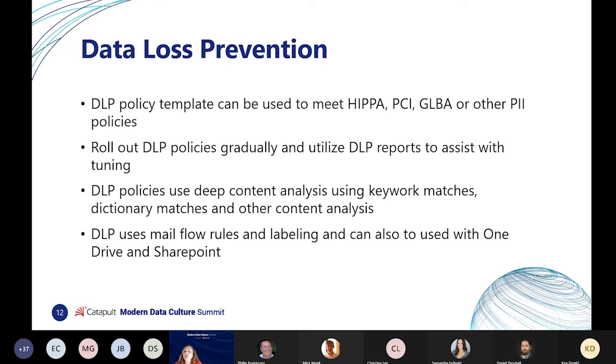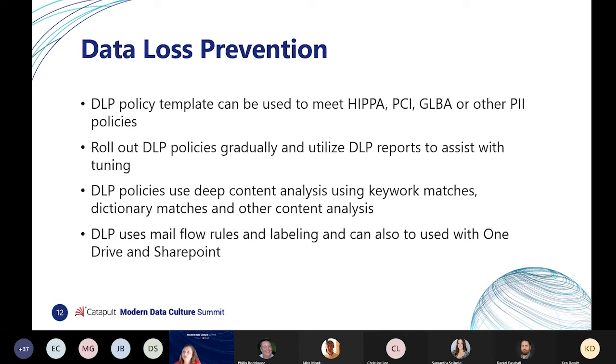And then of course, once you're at level 3, it's still going to be ongoing tuning and continuous monitoring, like we have to do with a lot of the different tools and different alerts and different types of threat hunting that we do in our different environments. DLP policies use deep content analysis using keyword matches, dictionary matches, and other types of content analysis. DLP uses mail flow rules and labeling.